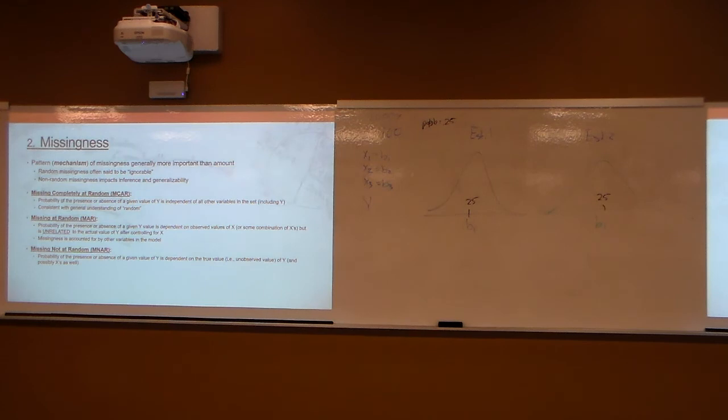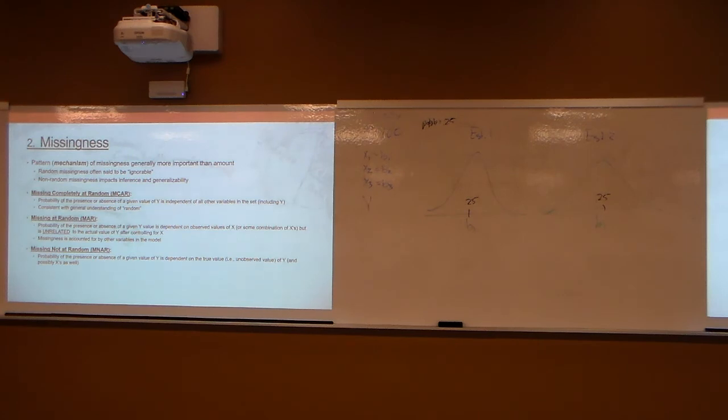Missing not at random: the probability of presence or absence of a given value of Y is dependent on the true value of Y, and maybe other X's as well, right? So in this situation, I'm having missingness that's due to the actual value of my outcome, but I have no way to account for it.